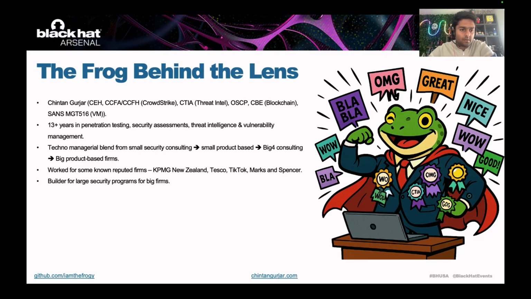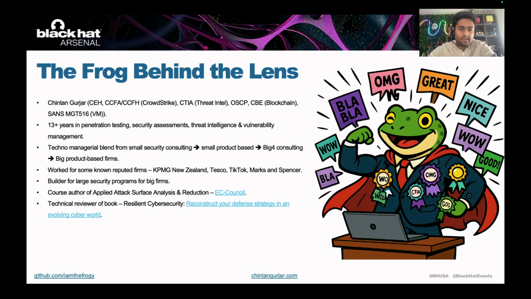And I'm a builder of large security programs in big firms. Apart from my 9 to 5 job, I like to give back to the community. So I have authored this Applied Attack Surface and Analysis Reduction course, which is published on EC-Council. There's a link you can click on once this presentation is out on the Black Hat website. I also reviewed a book, Resilient Cybersecurity, which was written by a CISO of Coca-Cola.